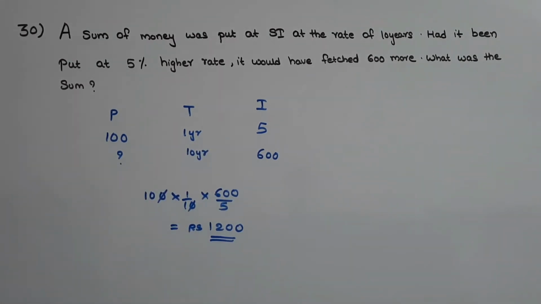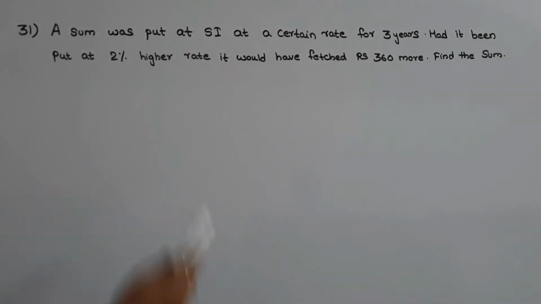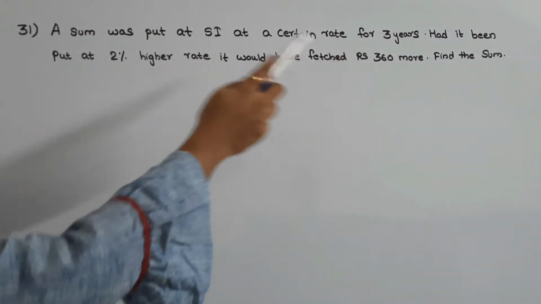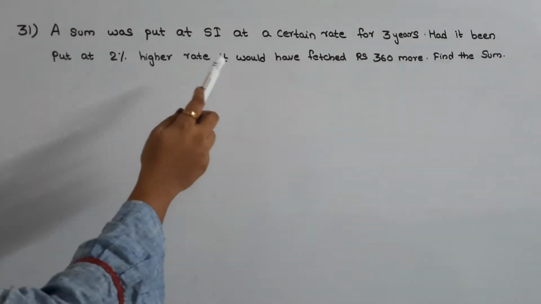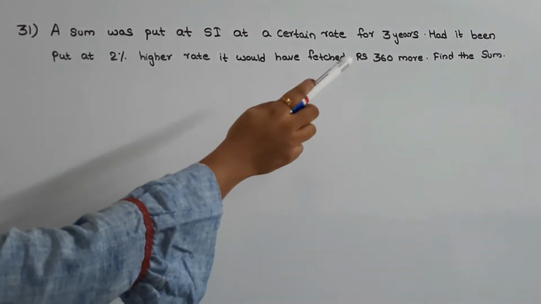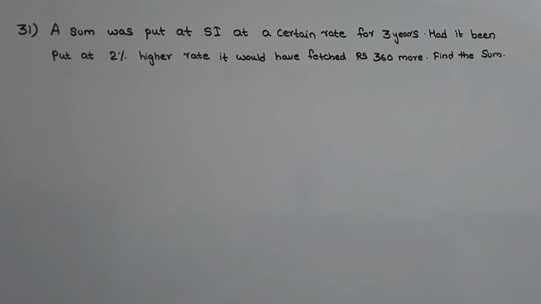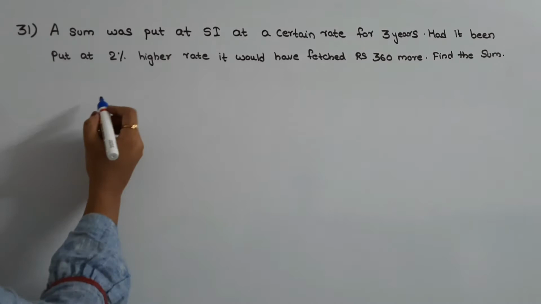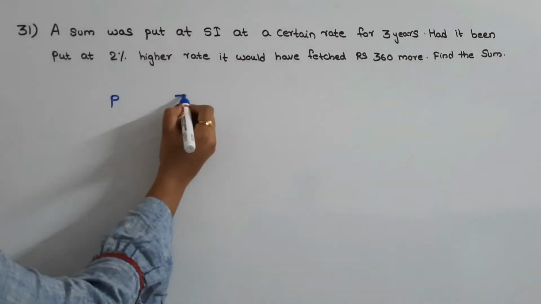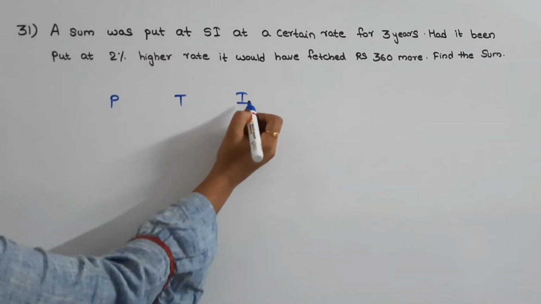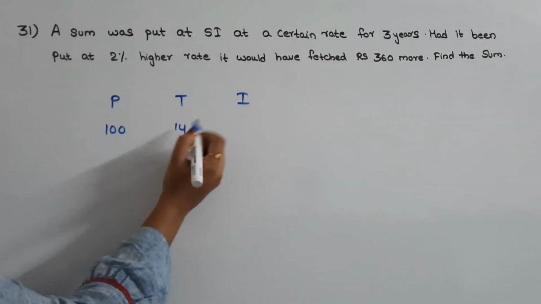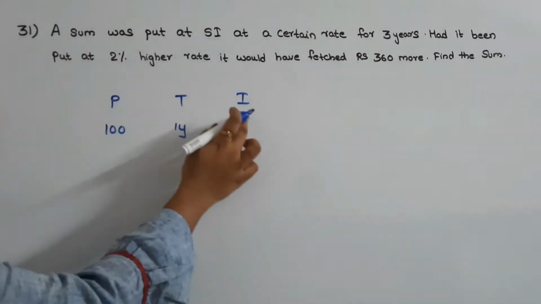The next question is, a sum was put at simple interest at a certain rate for 3 years. Had it been put at 2% higher rate, it would have fetched rupees 360 more. Find the sum. This is a similar question. So, the rate is given as 2% higher. When the principal is 100, time period is 1 year, rate of interest will be equal to the interest.